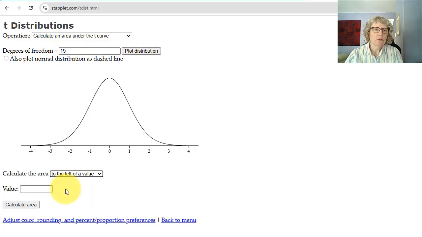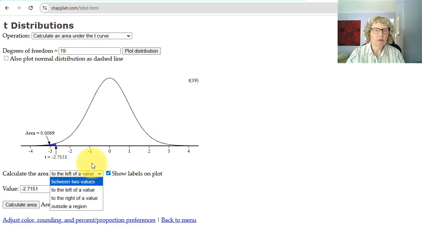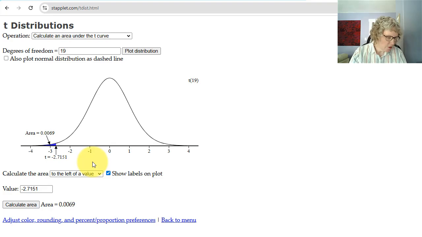We want to go to the left of negative 2.7151. Okay, I'm getting 0.0069. You could also do outside, instead of multiplying by 2.